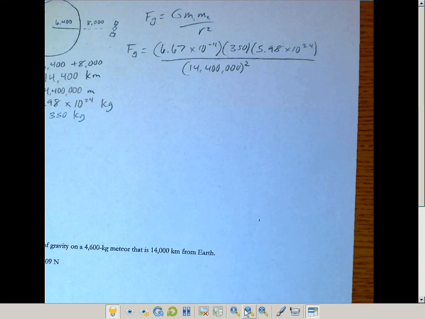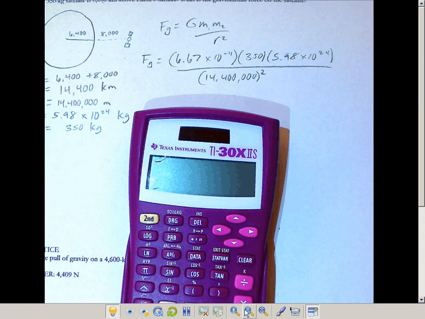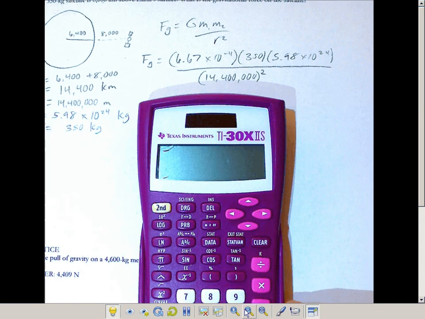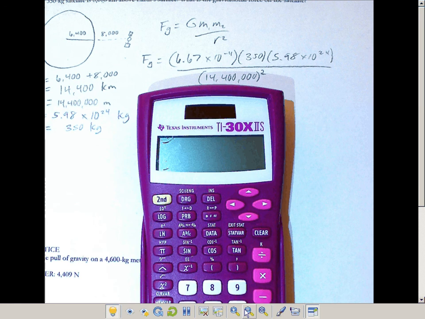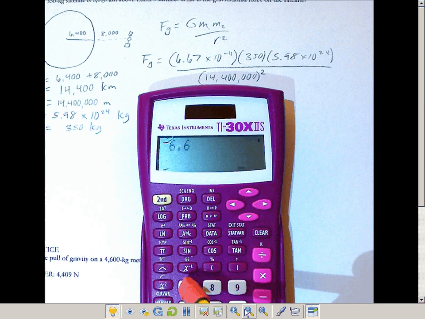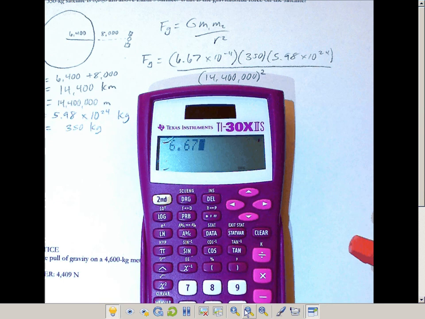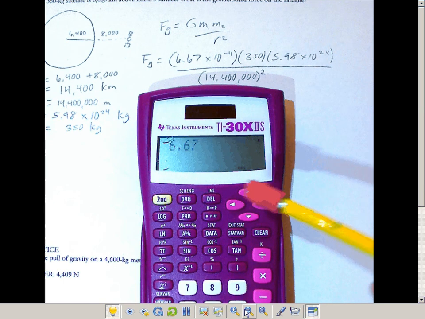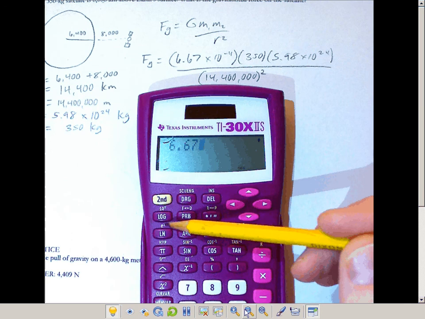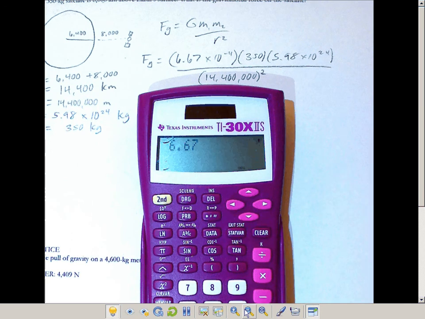The TI-30X2S. So I type 6.67, and you're looking for that exponent button, and that's not to be confused with this little lowercase e to the x.